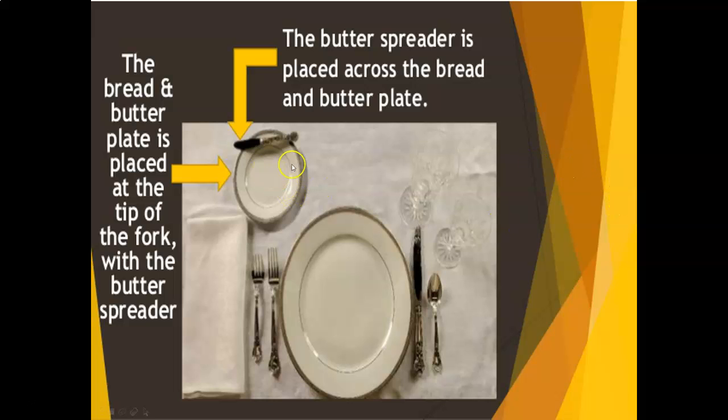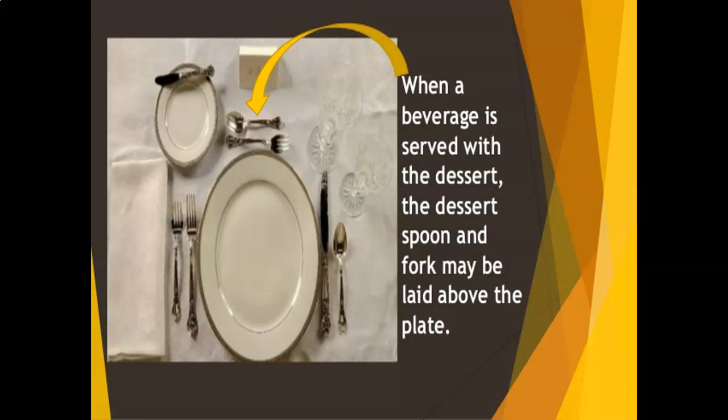So this is the butter plate, and then the butter spreader is placed across the bread and butter plate. When a beverage is served with the dessert, the dessert spoon and fork may be laid above the plate. So this one, the yellow arrow states here.